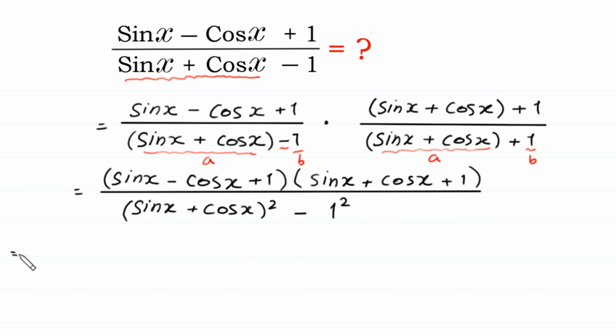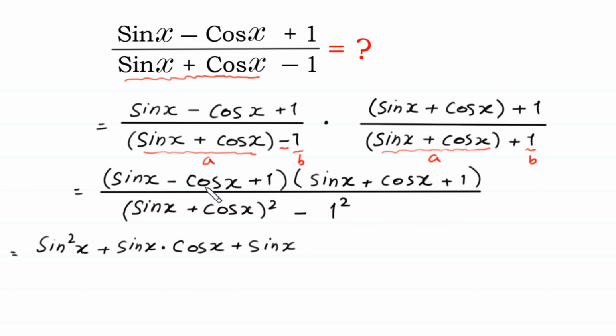Next, now we multiply this expression sin of x minus cos of x plus 1 by this expression sin of x plus cos of x plus 1. This sin of x times this sin of x, sin square x, and this sin of x times this cos of x plus sin of x times cos of x, and this sin of x times this plus 1 plus sin of x.